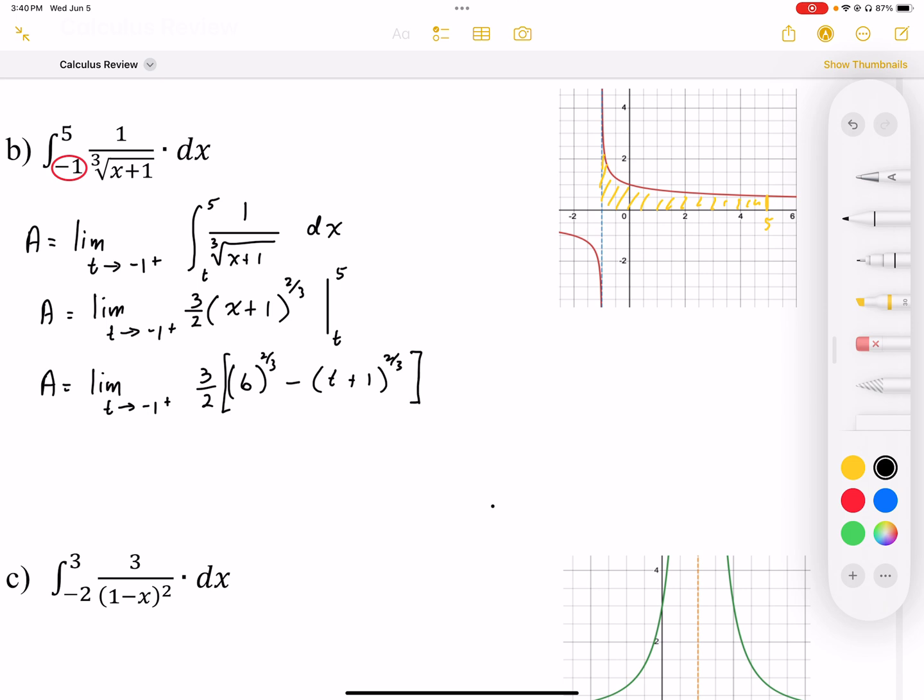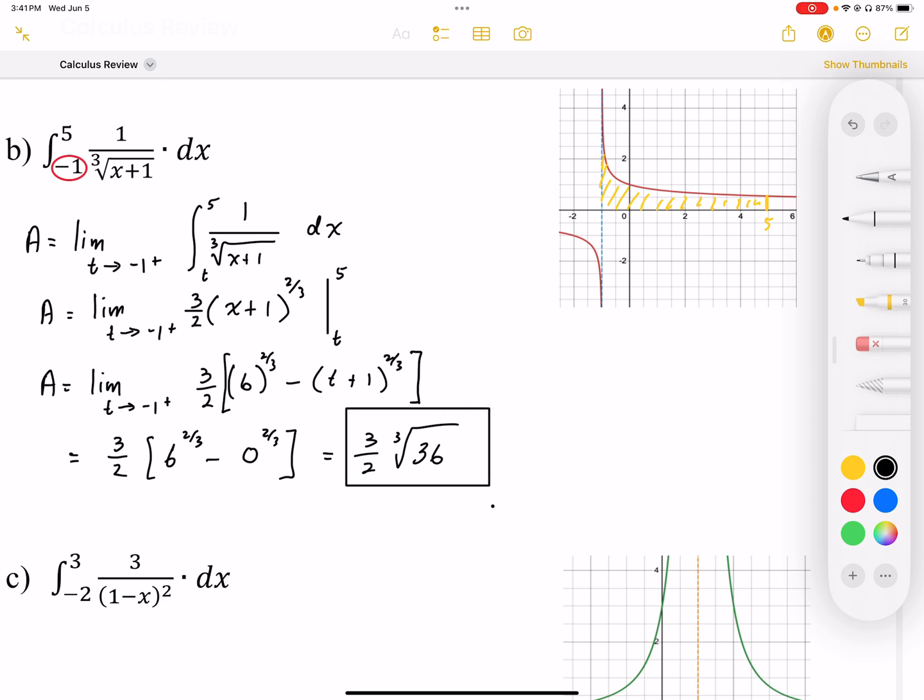Then I'm going to plug in my limit, so that becomes 0 to the power 2/3, since negative 1 plus 1 is 0. So I end up with 3 over 2 times 6 to the 2/3 minus 0. So this works out to be 3 over 2 times the cube root of 6 squared, or 36. Okay, so this represents that area under the curve: 3 over 2 times the cube root of 36.